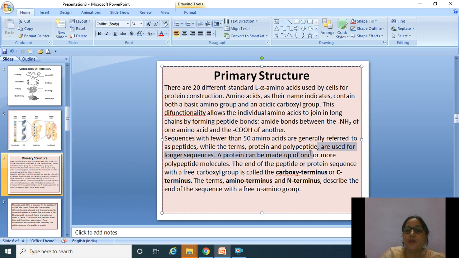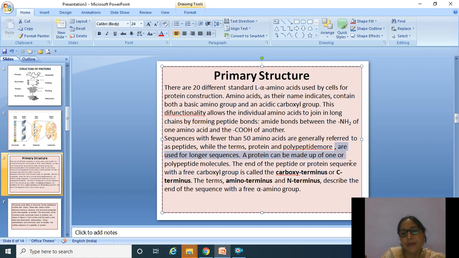While the terms protein and polypeptide are used for the longer sequences, which have more than 50 or a larger number of amino acids.